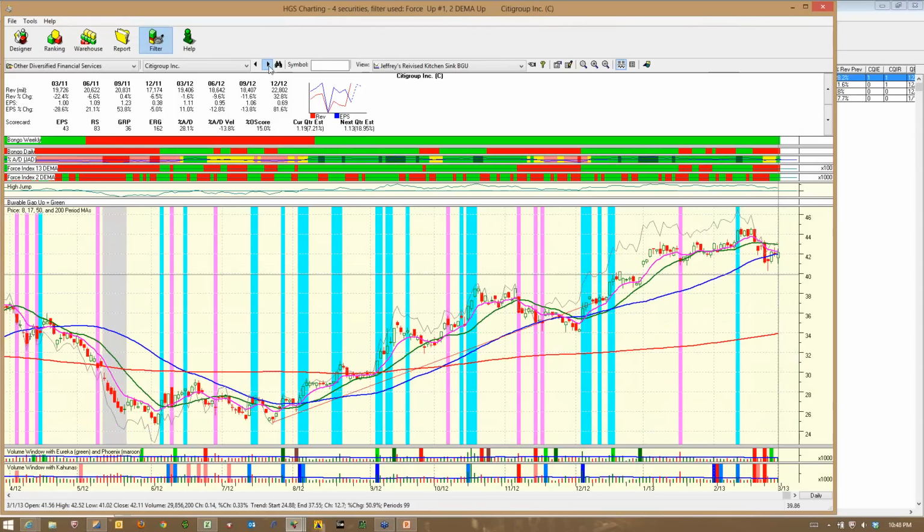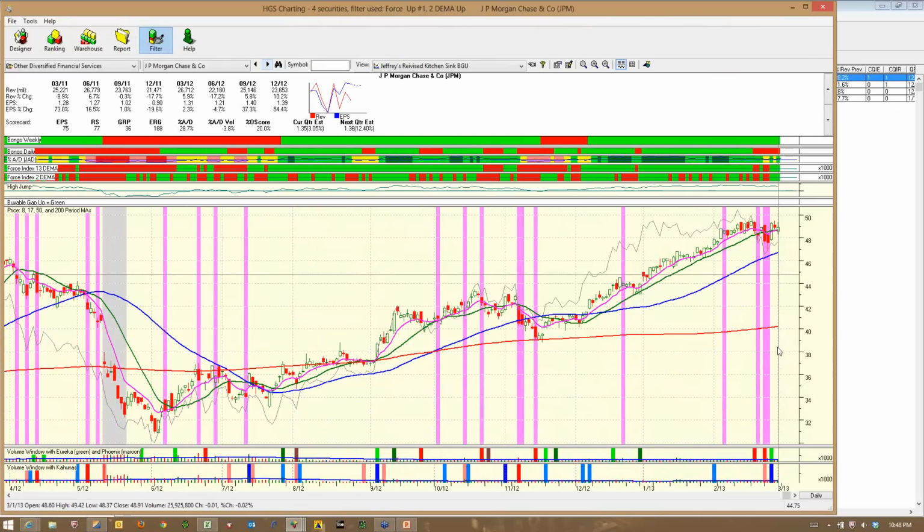Citigroup on the 50 looks a little bit stronger. If you want to play banks, let's see what JP Morgan looks like. The strongest of the bunch. Sort of a steady run up here, a little bit of a sideways move to let some steam off. There's the high jump, got pretty high. If banks start to take off, this is probably the one I'd be playing, as it's certainly the leader of these three.